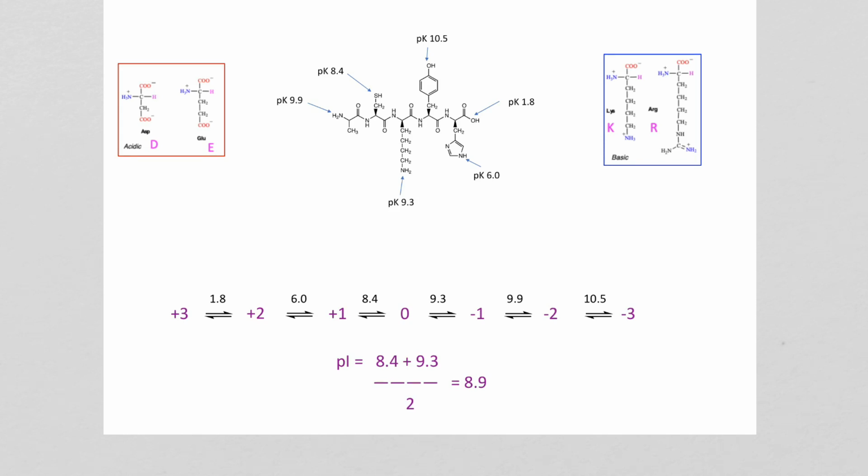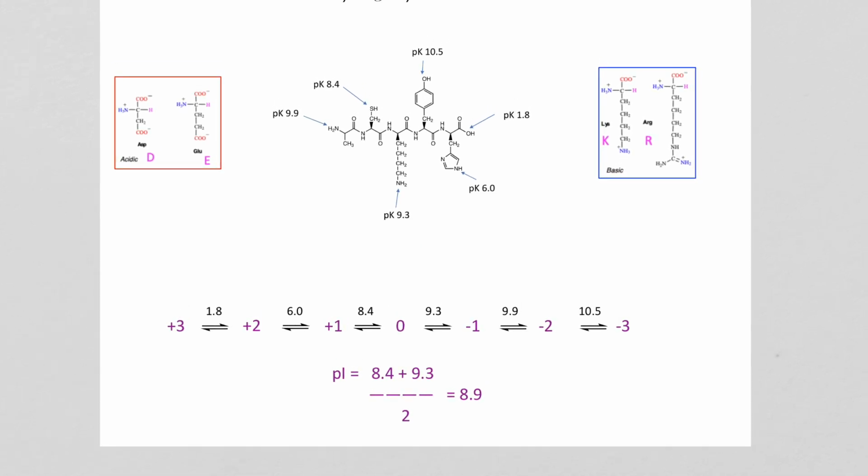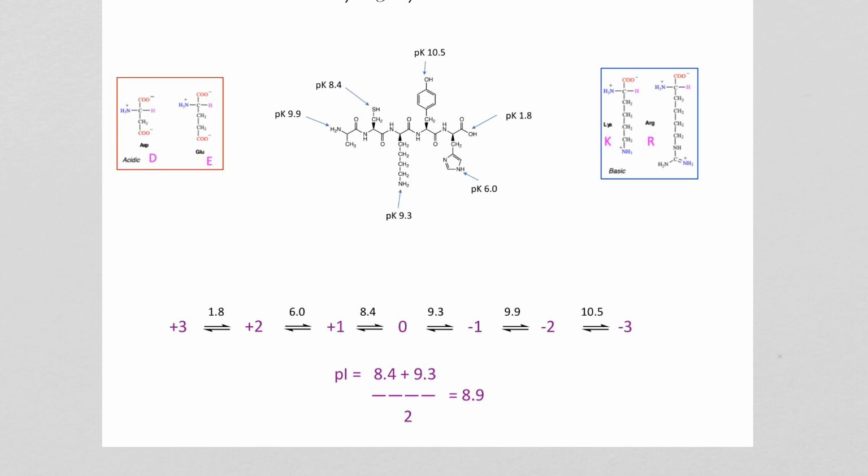There's another important concept I want you to look at in this example. So here's a polypeptide chain, but this could very well be a very long, complex protein. What you see here is we calculated the pI is 8.9, so it's more than 7.